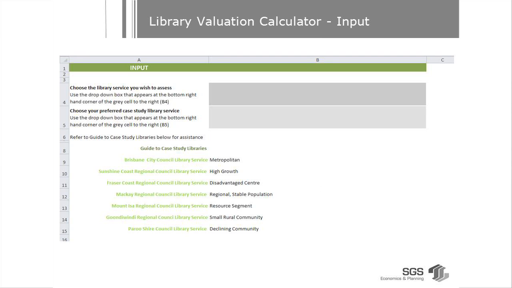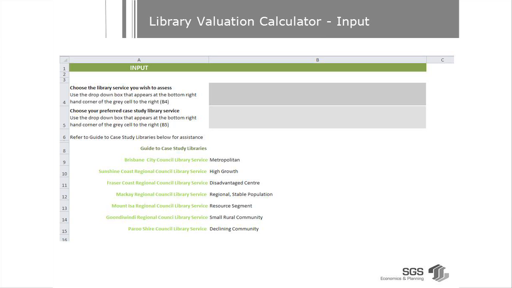So the library valuation calculator, as I said, it's pretty simple to use. There's 2 choices to be selected when you open it up, and there's only 2 screens visible to you, the input and the output screen. So the input, simply you have to choose your library service and also your preferred case study library.